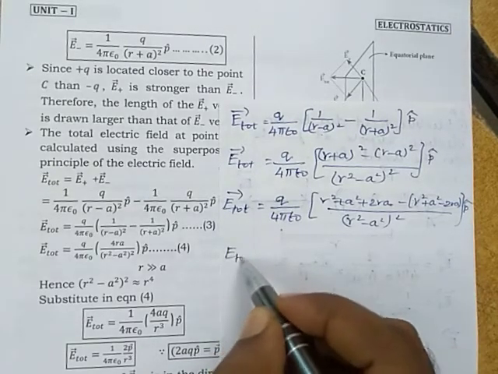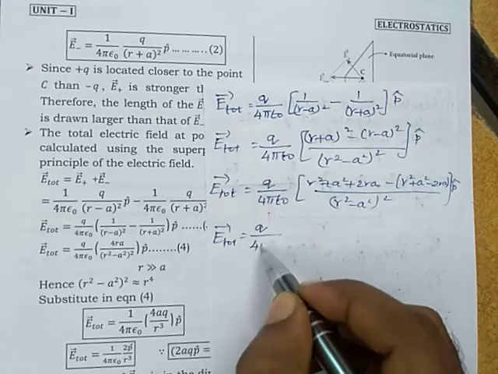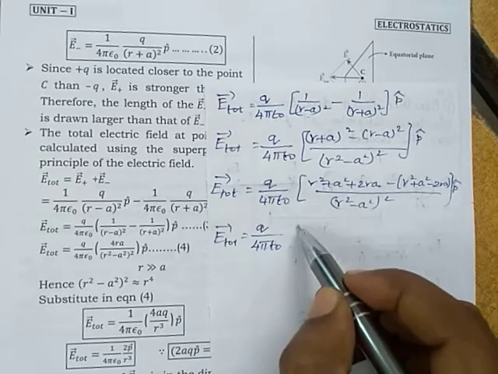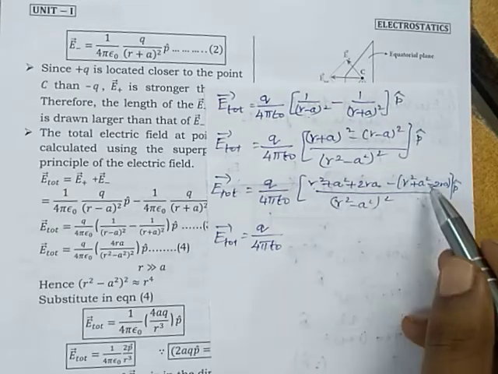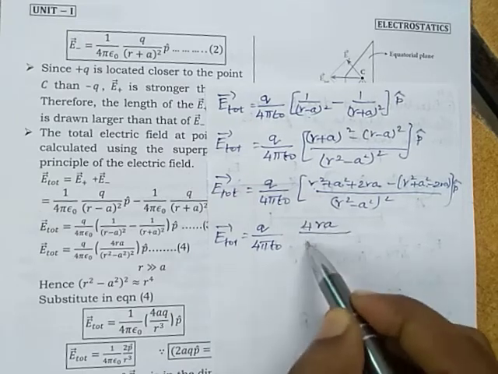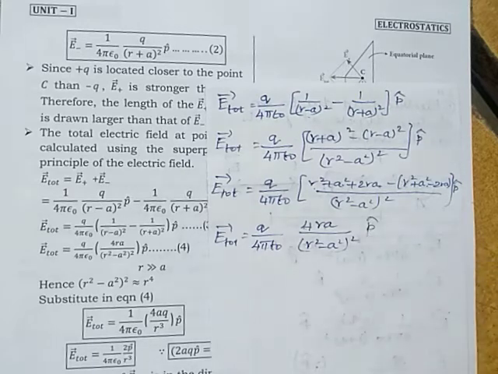Then r square cancelled, a square cancelled, and we get E total vector is equal to q by 4 pi epsilon naught, 4ra by r square minus a square whole square into p cap.